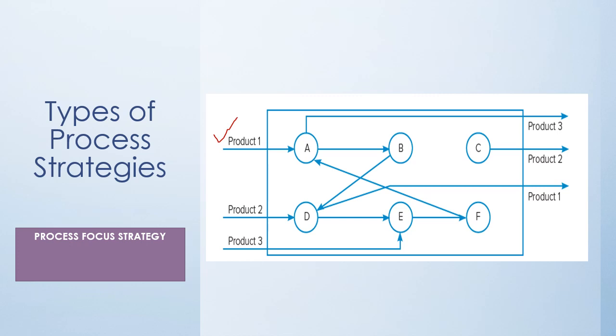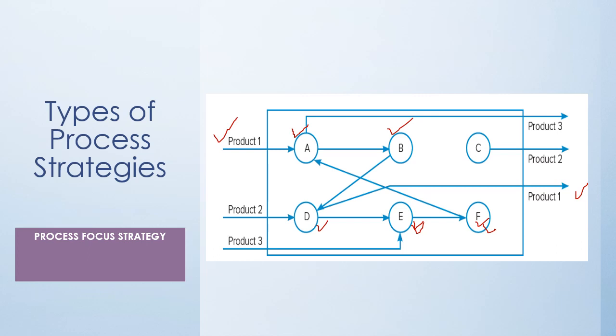So process number 1 will go to A, step number 2 to go to B, then to go to D, E, F, what else? Okay, A, B, D, and product 1 will be produced here, not going through E and F. Okay, so that is the process flow for producing product 1.